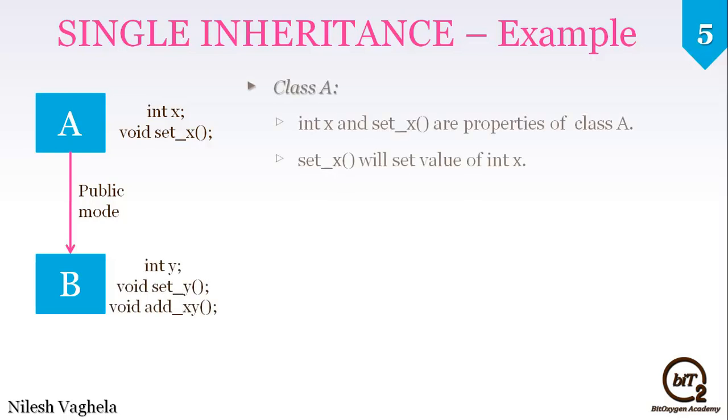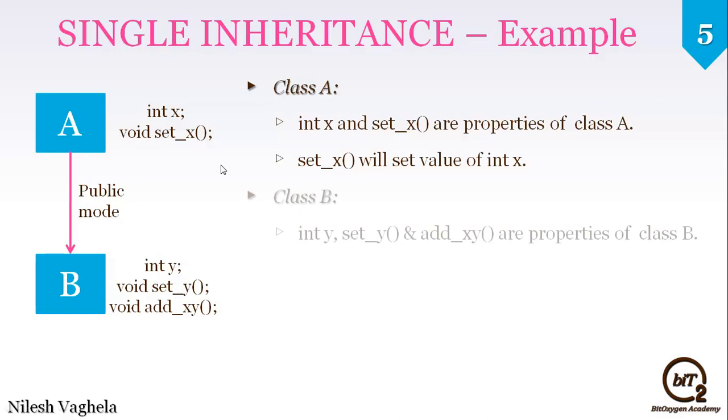Class A is having integer x as well as set_x as properties, where for inheritance we will be making integer x protected and this will be the public section. Set x will initialize or set the value of integer data x. The same will be done for class B, where integer y, set_y and add_xy are the properties.